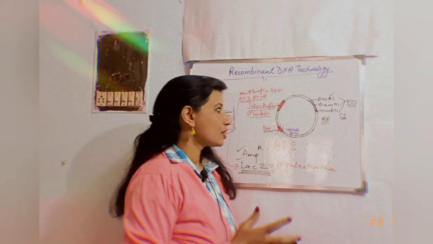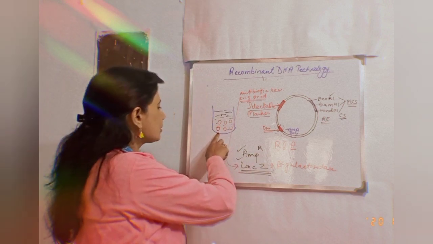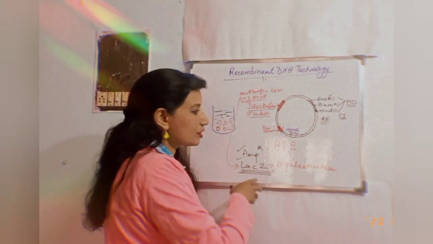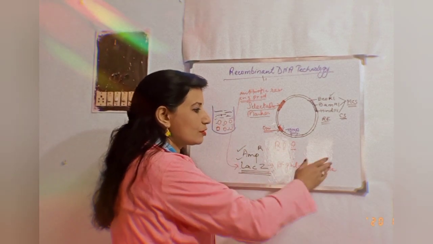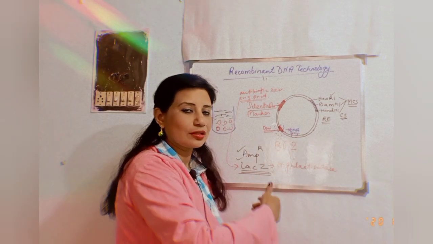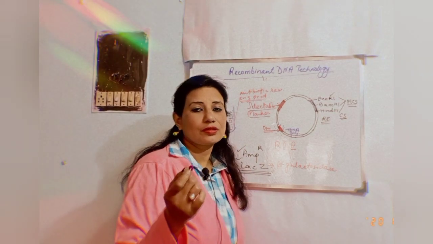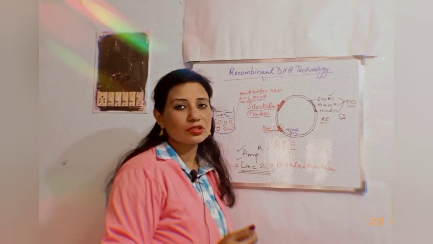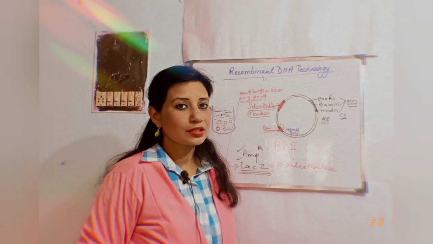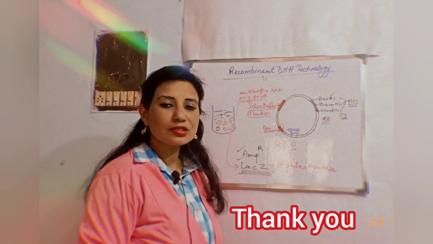In this case, if it is not having it, then it will be good enough. Suppose I am talking about these plasmids which have been self-ligated, and they are brought into a plate of bacterial cells where there is lots of ampicillin, then these will be growing. But in case of the recombinant, where it already has that ampicillin resistance gene, it will disrupt. So that is the point of why we need a selectable marker region, what a selectable marker region is, and why we need it.